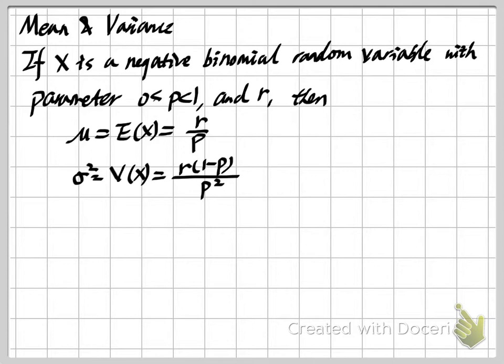So now let us introduce two important terminologies of a random variable. Here I want to talk about the mean and variance. Assume x is a negative binomial random variable with 2 parameters: r, to describe how many successes we are interested in, and p, the probability of success in each Bernoulli trial.